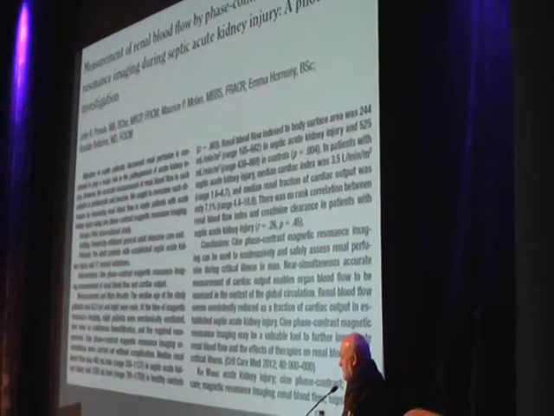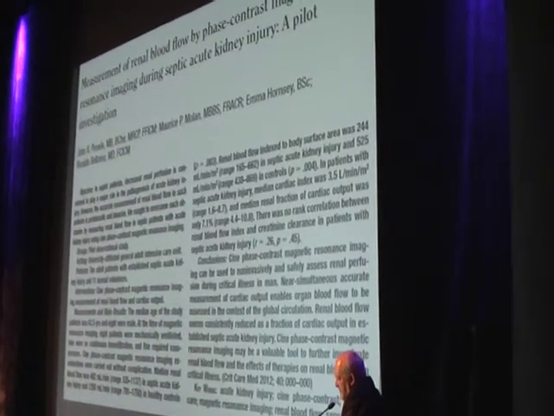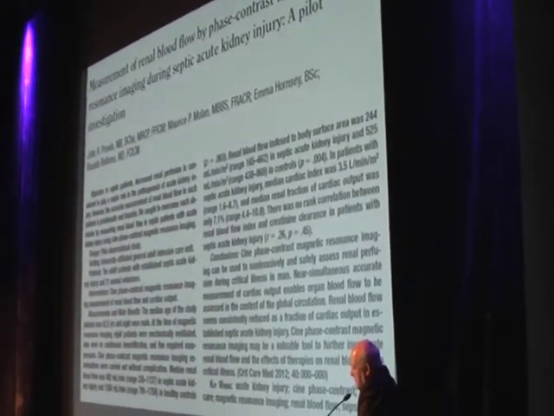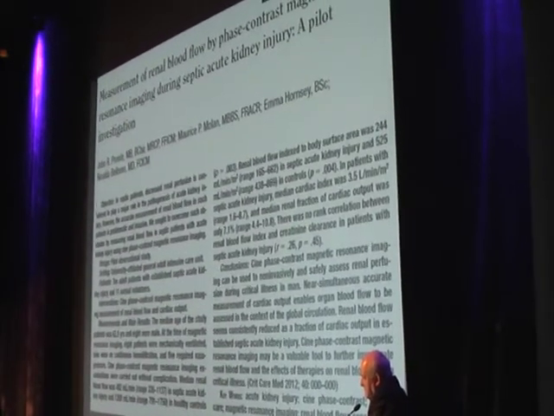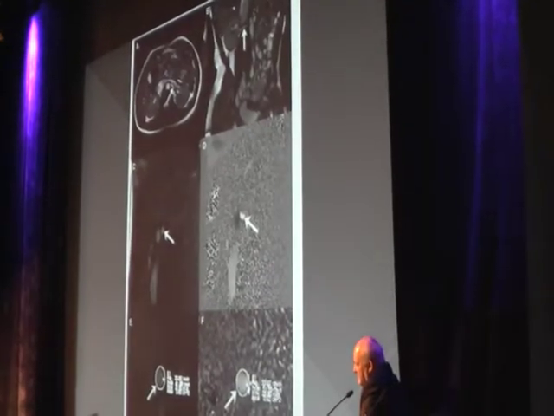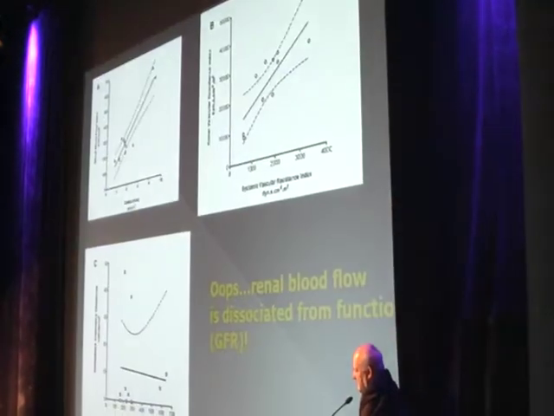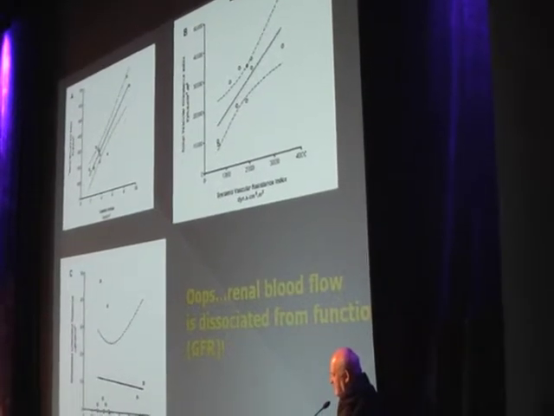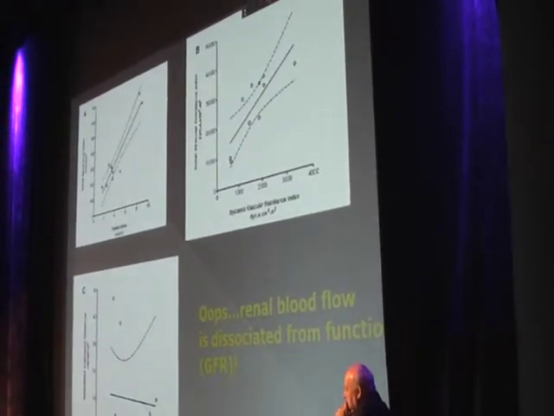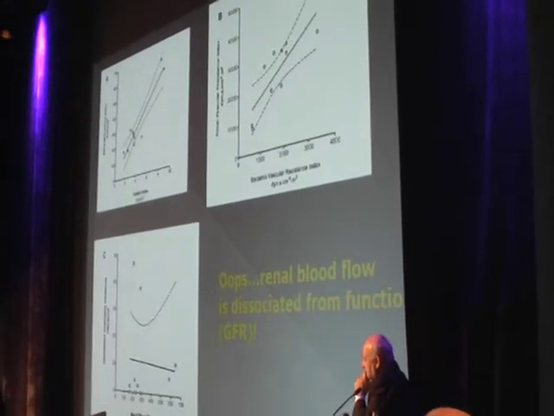Does anything like this happen in man? What do we know about human beings with modern technology? One way to look at it is to use the technique of phase contrast MRI, which allows you to measure renal blood flow. And when you do that, this is a cohort of septic patients in the ICU, mechanically ventilated, taken into the scanner to make such measurements.